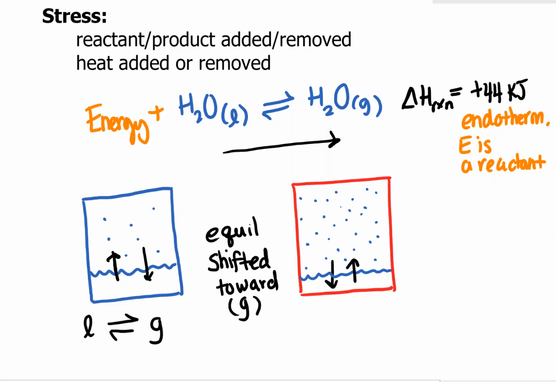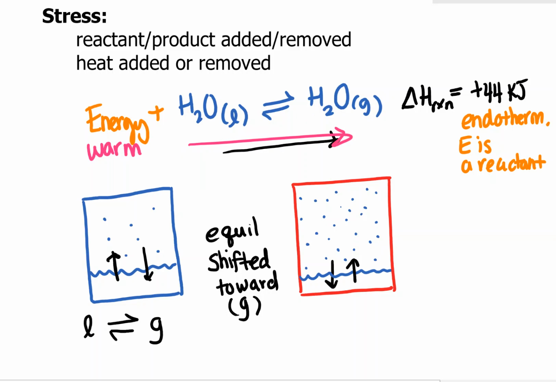And so if the stress is more heat, that means more energy. And for this equilibrium reaction to get rid of energy, it's going to shift to the right. Okay, so once we decide where energy goes, reactant or product, if we're adding heat, it will shift in the opposite direction to get rid of that. That's at least how the reasoning works.